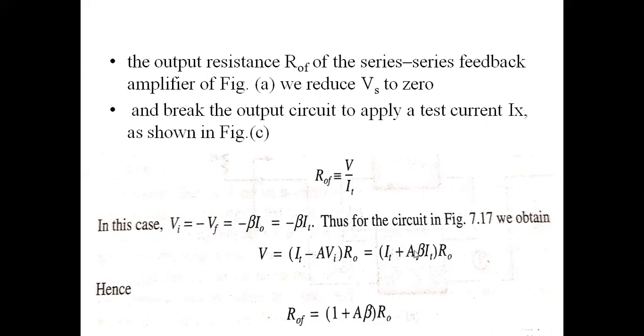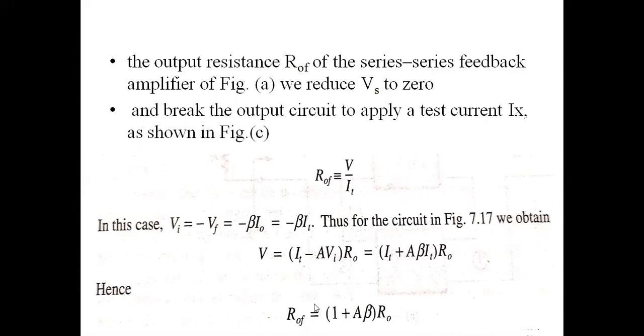Thus, from the circuit, Vt is equal to IT minus A into Vi into R naught. Substituting the value of Vi as minus beta into IT, we get IT plus A into beta into IT into R naught.